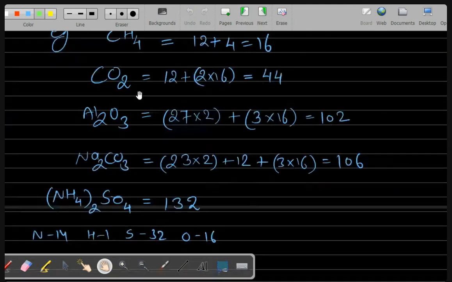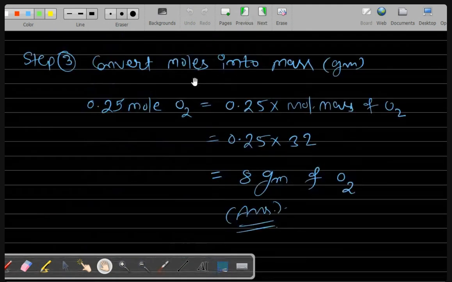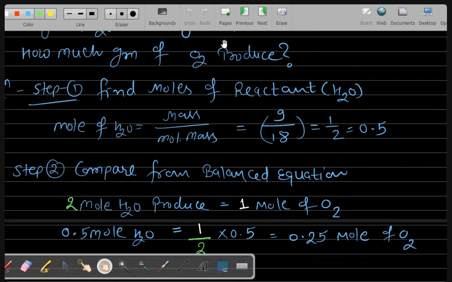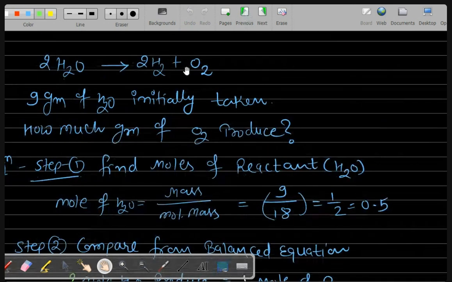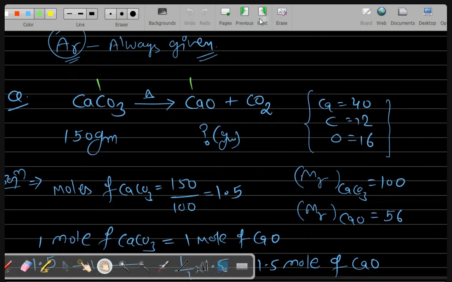Like for water, the balanced equation is 2H2 plus O2 gives 2H2O, so the ratio will be 2:2 or 2:1 depending on the question. If it is asking for oxygen, we take 2 and 1, and if it is asking for water, we take the corresponding ratio. Okay, understood.